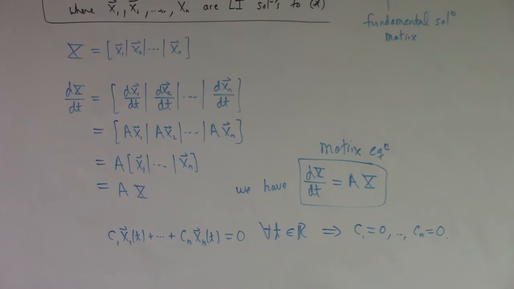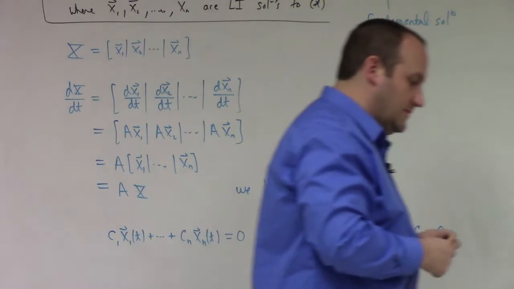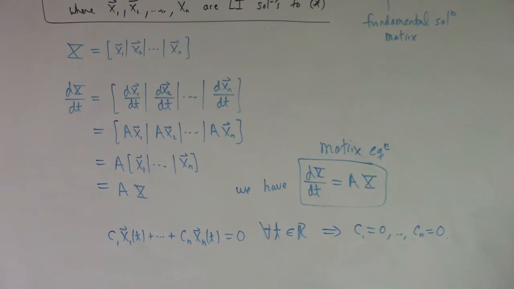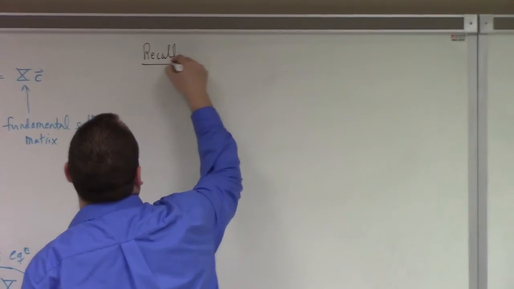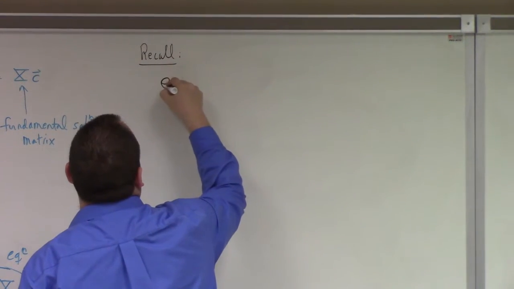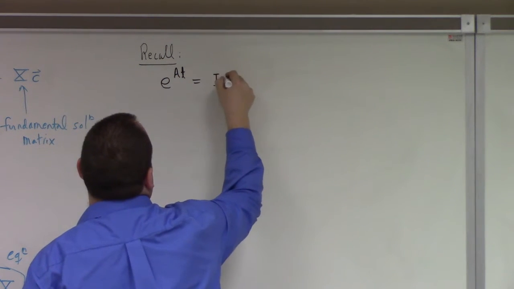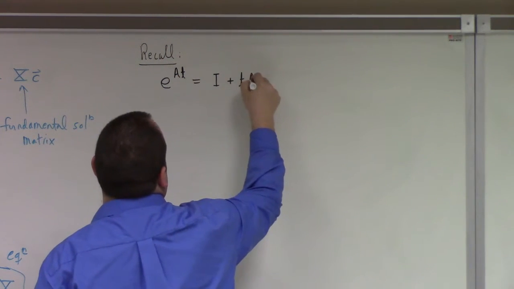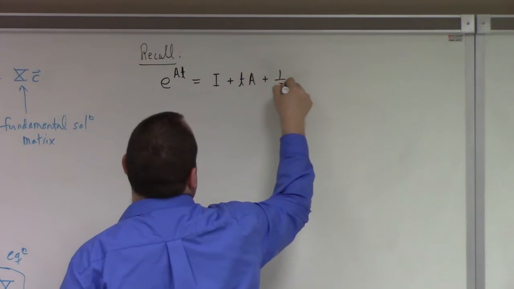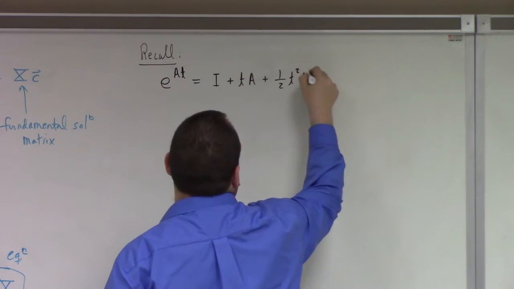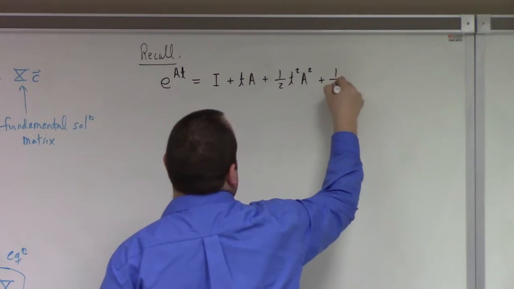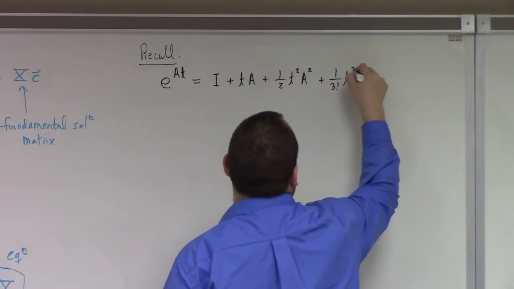Now, I want to show you something about the matrix exponential we looked at last time. Recall, e to the At is what? By definition, I plus tA plus 1/2 t squared A squared plus 1 over 3 factorial t cubed A cubed.